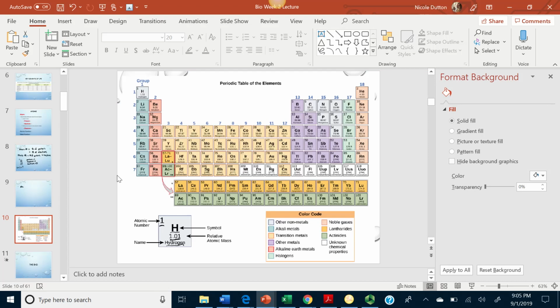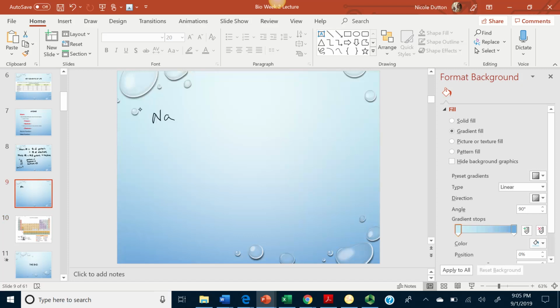So if we look at sodium on the periodic table, sodium is here. You can see it has an atomic number of 11 and a mass number of 22.99, which will round to 23. So sodium is going to have 11 protons and also 11 electrons.